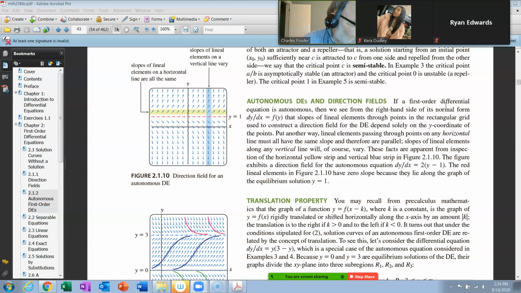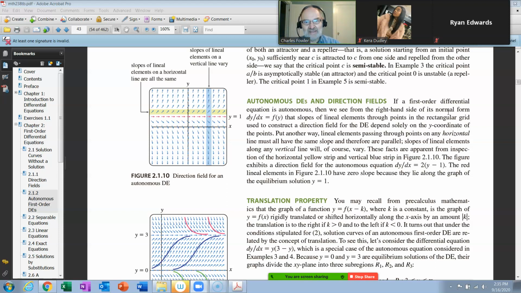We finished that right at the end of class last time. We're beginning today with autonomous differential equations, section 2.1.2.